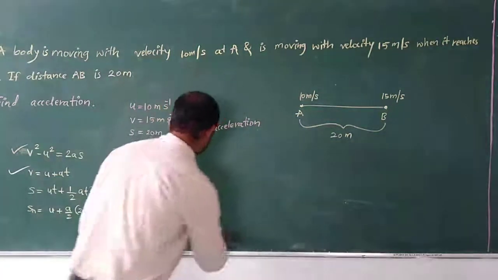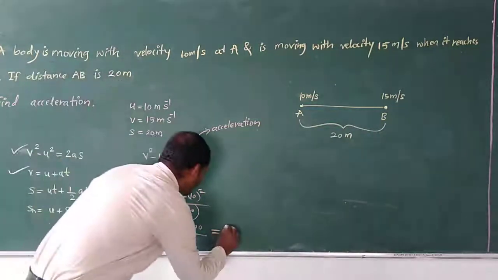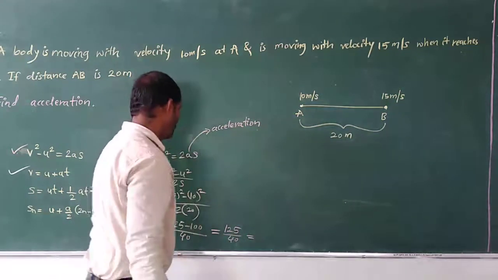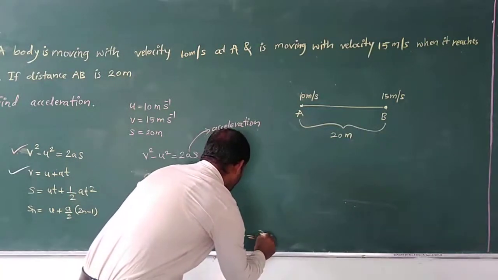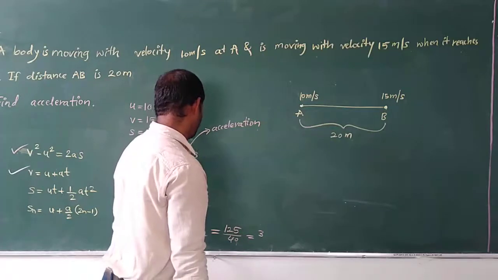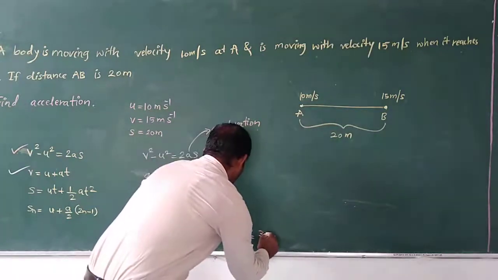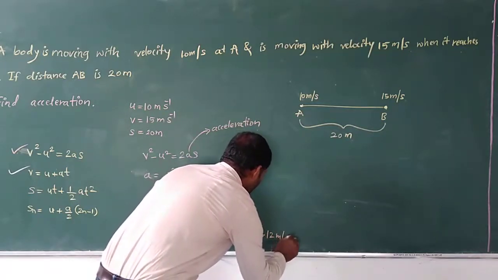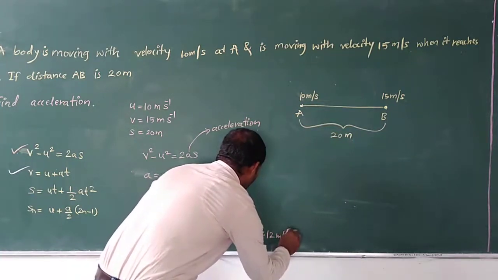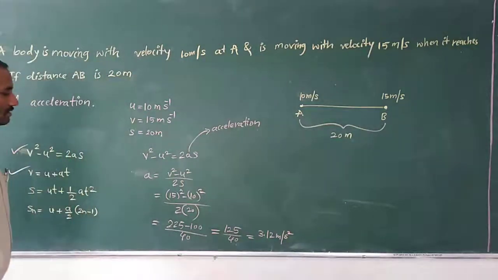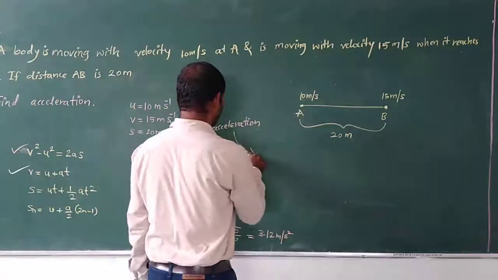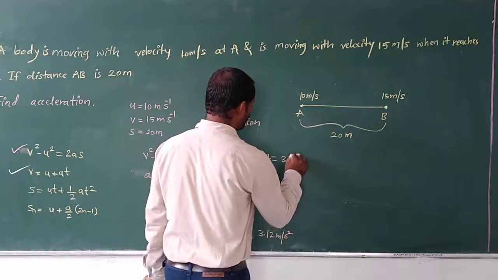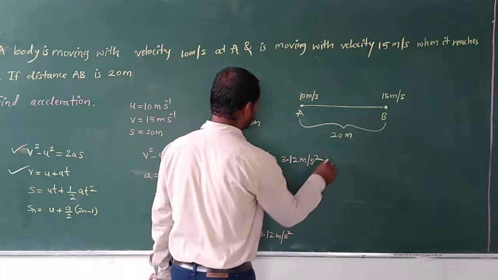Then we will get 125 divided by 40, and we get 3.12 meter per second square. So acceleration a is equal to 3.12 meter per second square.